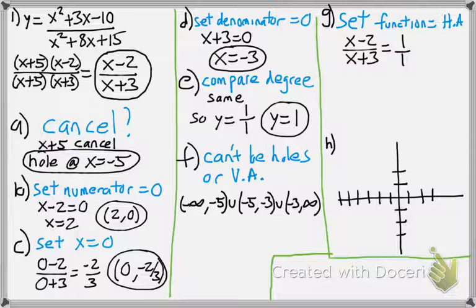So if you cross multiply, then this will be x minus 2 is equal to x plus 3. And then if you solve, the x's actually go away, and you get negative 2 is equal to 3, which we know that can't happen. This is false. So it doesn't cross.